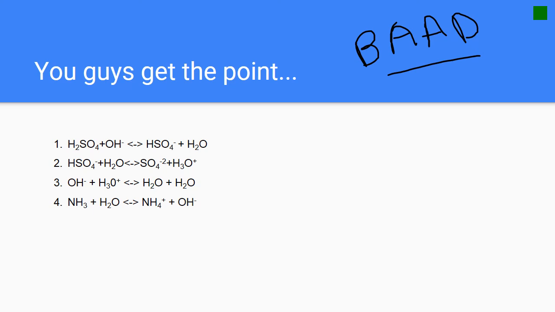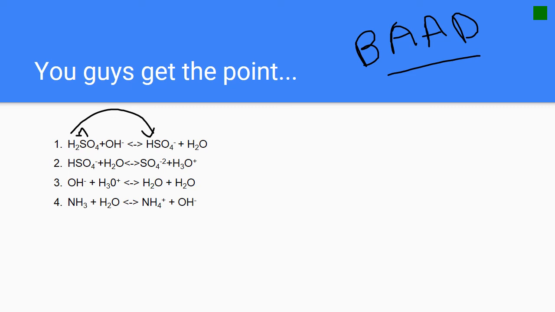So we have here H2SO4 and the hydroxide ion, which reacts to give us HSO4 minus and H2O. Sulfuric acid here is losing a hydrogen, if you notice. If it's losing a hydrogen, that means it's giving away the hydrogen. It's donating. Therefore, this would be an acid.